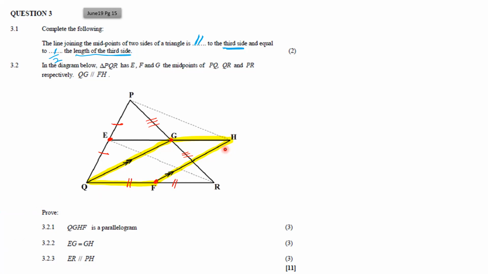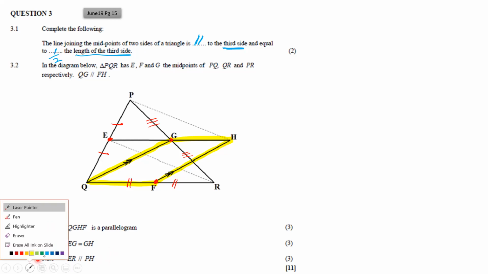For it to be a parallelogram, we have to prove either both pairs of opposite sides parallel, or we could prove that one pair is parallel and equal, therefore it is a parallelogram. So if we're looking at this question, it's quite straightforward.